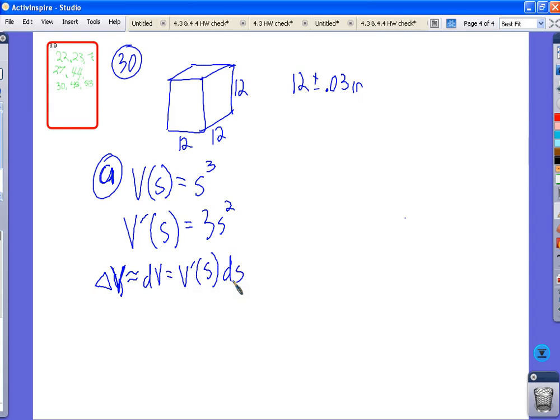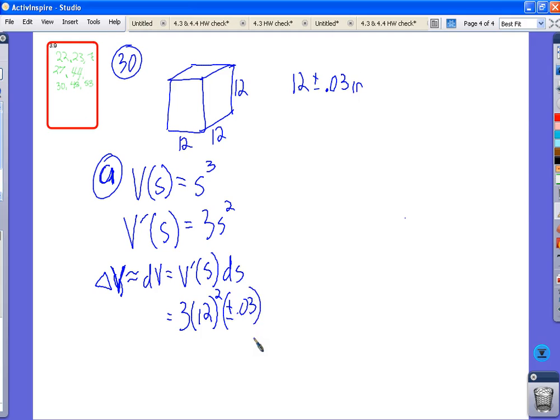Does that make sense? We changed y and x around. We're using different letters, but it's all the same thing. So for us, we have 3 times, what's the measure of our side length? 12. We hope, but we could be off by plus or minus 0.03, right?